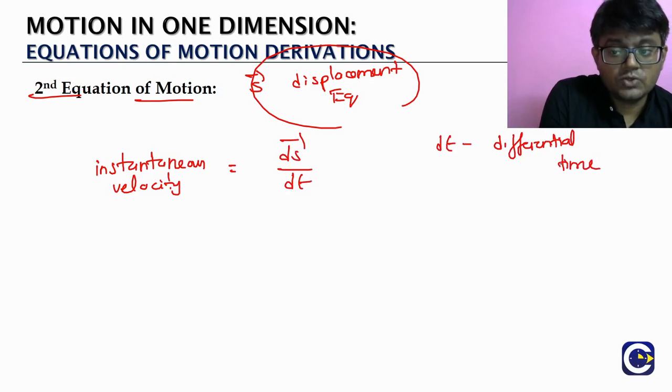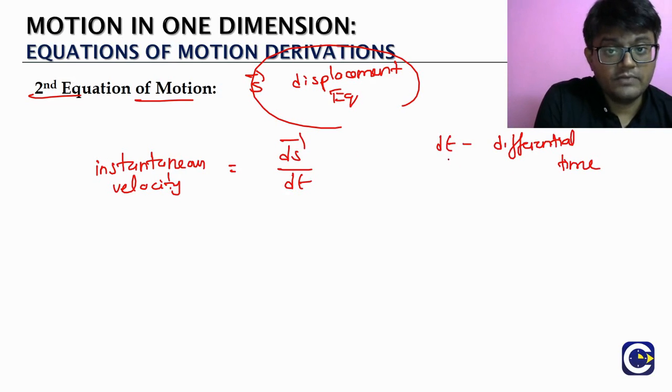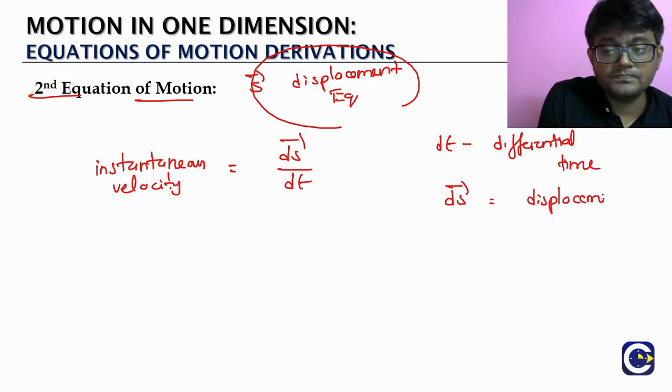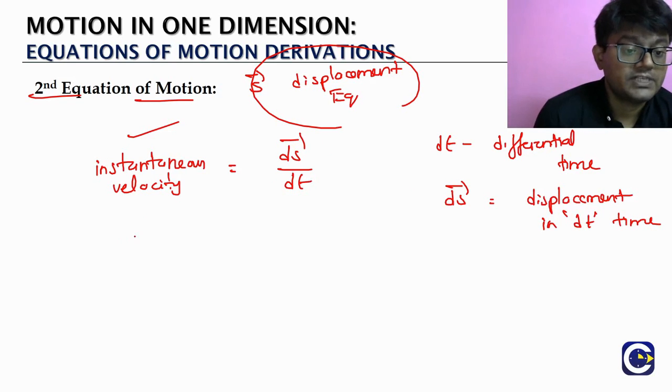You might have to check the basic math videos once again before we look at these derivations, because we are going to use the concepts of integration. So here ds represents the displacement in dt time. The small displacement divided by the time taken gives us the instantaneous velocity.